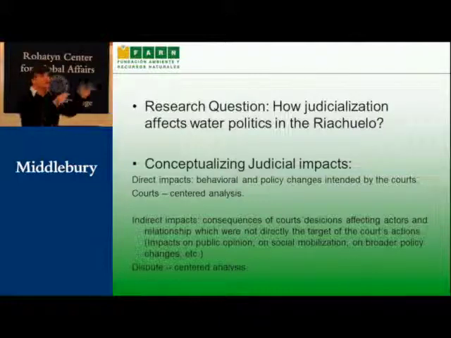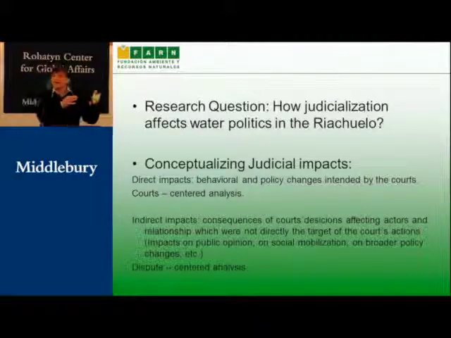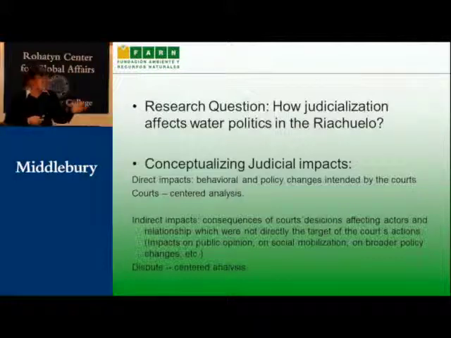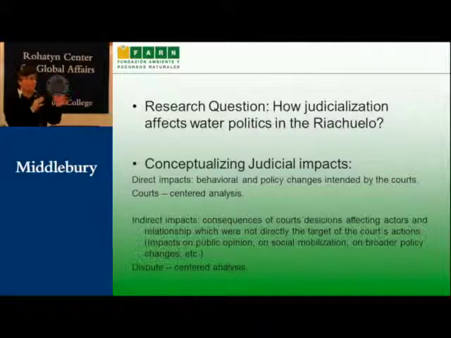So a court said a mining project has to be stopped because it didn't fulfill the environmental impact assessment. So the direct impact is to assess whether the mining project stopped and the court's requirements were fulfilled. Those types of analysis are court-centered, okay? They try to assess the impact of the court. Basically, they try to assess judicial compliance.